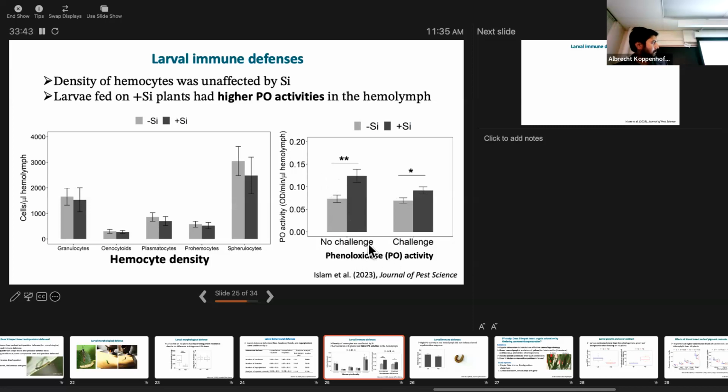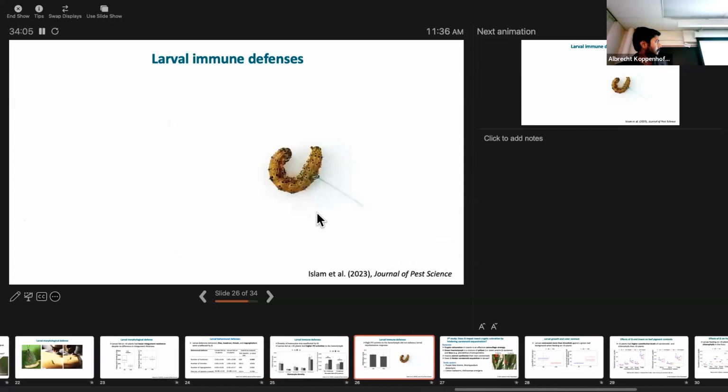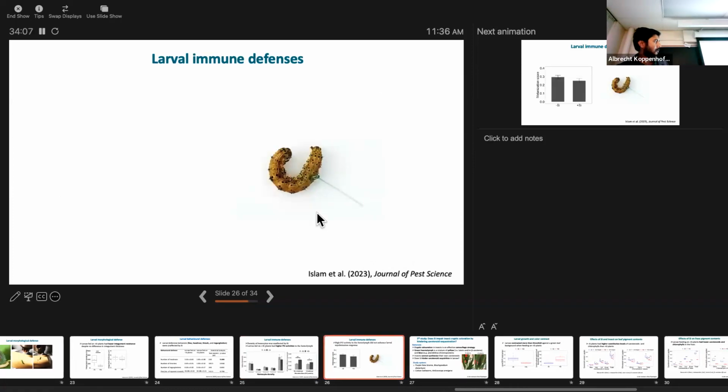What we found is that larvae feeding on plus silicon plants actually had higher PO activity in the hemolymph compared to larvae feeding on minus silicon plants. Which means the larvae feeding on plus silicon plants have higher immunity compared to minus silicon plant fed larvae. But when we looked at the actual melanization response, we implanted a nylon filament inside the hemocoel of larvae and looked at the melanization of that implant.